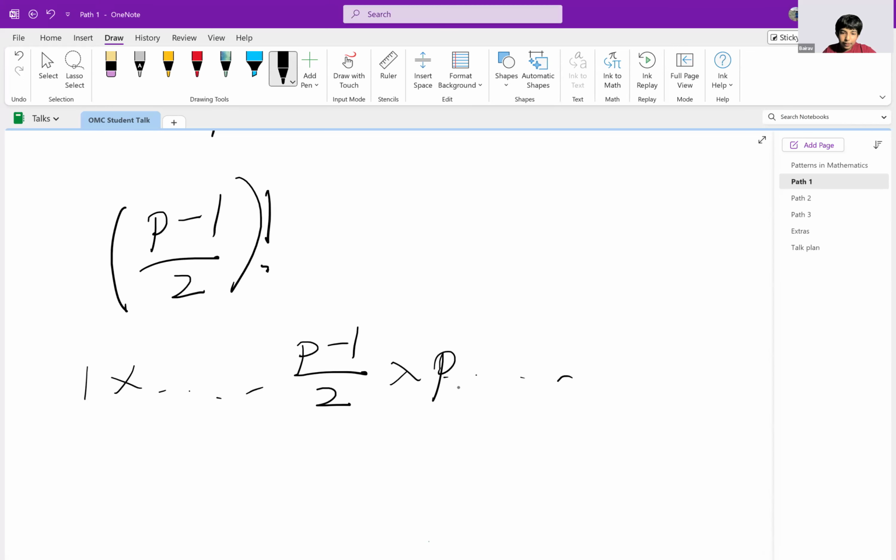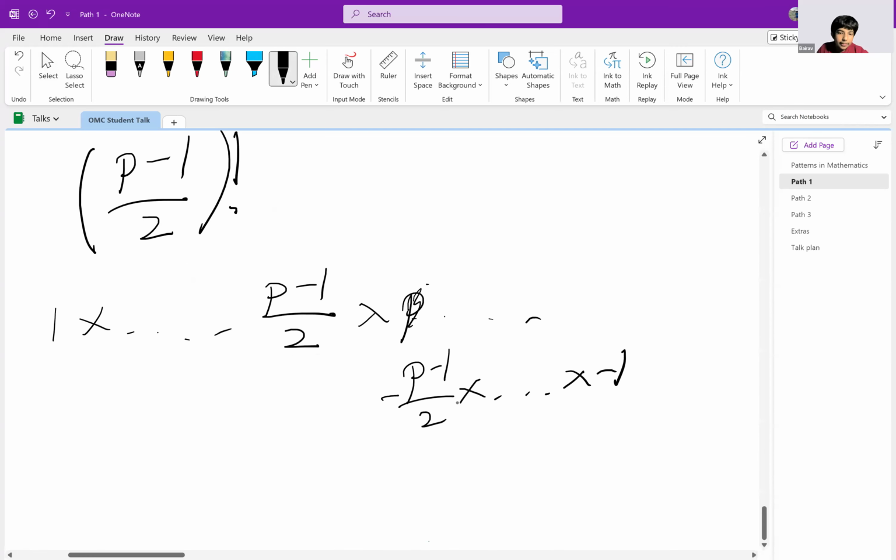And then this is p minus that. So since we are taking this mod p, this is just minus 1 to the power (p minus 1)/2 times the same product up to -1. And since p is 1 mod 4, this is an even number.